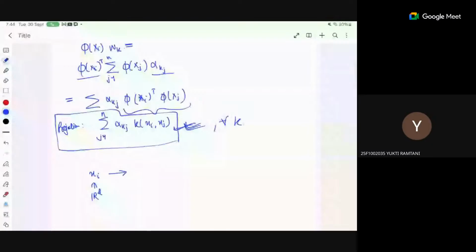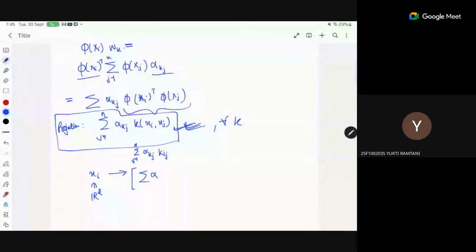So we'll move to this set of projections. In short, we can write this as the sum over alpha kj kij, where j is varying from 1 to n. So we are moving my xi to this set of projections, and there will be n of them.